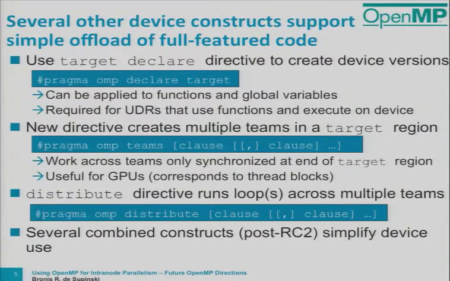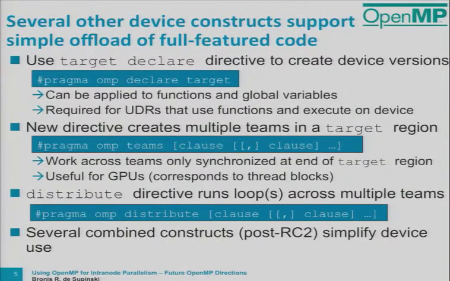Importantly, if you're familiar with GPUs, you'll know that you can have multiple warps, and it's often very difficult to synchronize across those warps, all right, across, well, actually thread blocks. Well, the teams construct allows you to now say, I'm going to create multiple thread blocks within this target region, and those thread blocks now don't have any synchronization except for the end of the target region.